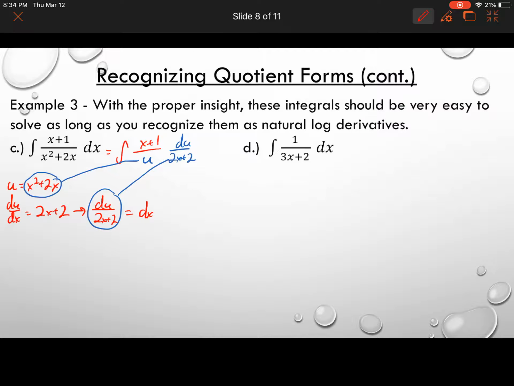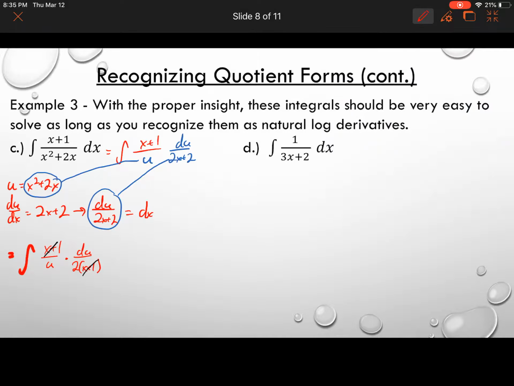So at this point, if we simplify, hopefully you can see that since both of these have a 2, we could factor out a 2. So we can rewrite this as the integral of x plus 1 over u times du over 2 times x plus 1. And now the cancellation of the x plus 1s becomes a little bit more apparent.